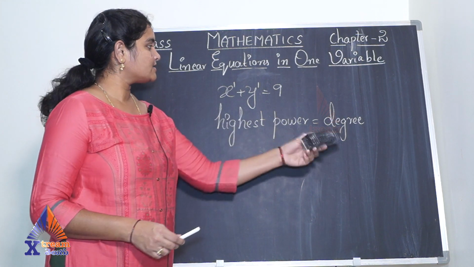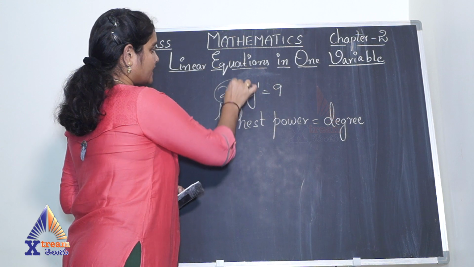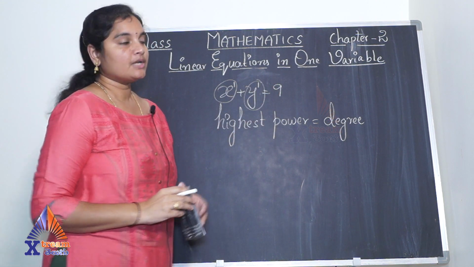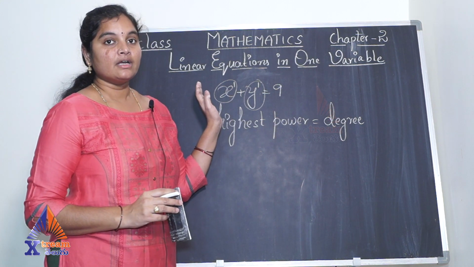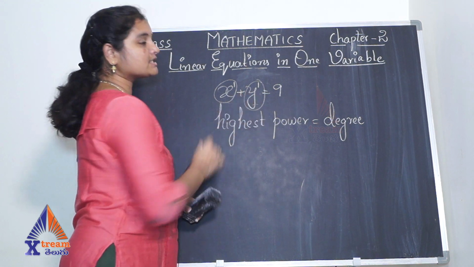So here the highest power of the equation is 1. Each term's highest power is 1 here. So we do call it a linear equation, but we don't call it a linear equation with one variable because it has two variables in it.